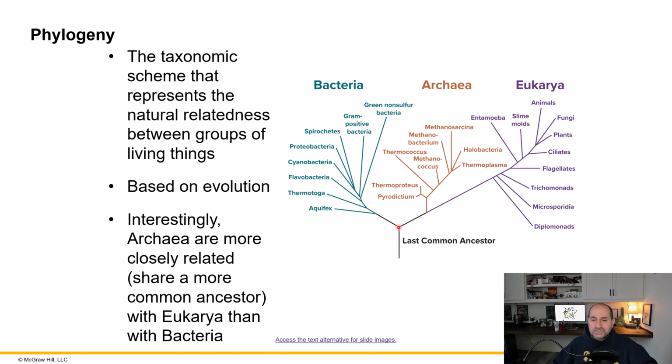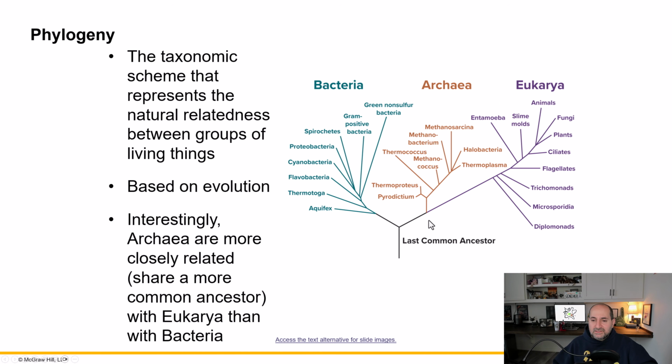Okay. Now, look at this. What does this phylogenetic tree suggest to you? Look, there was a common ancestor for all living organisms. Then there was the last common ancestor. There was a branch off to bacteria, and the other branch became the archaea and the eukarya. So it looks like eukarya and archaea share a more common ancestor than either does with bacteria.